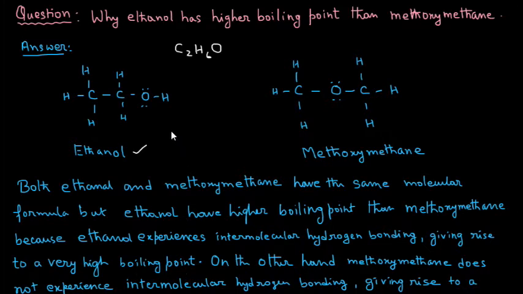So here what happens is that this hydrogen is connected to an electronegative element, that is oxygen. So it develops a partial delta plus charge, which is capable of interacting with another lone pair of electrons that is available.